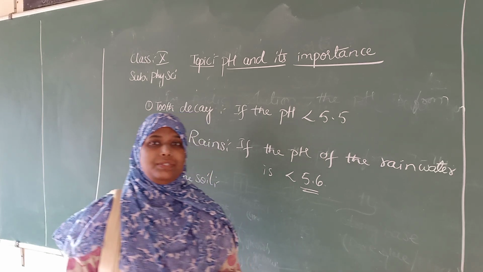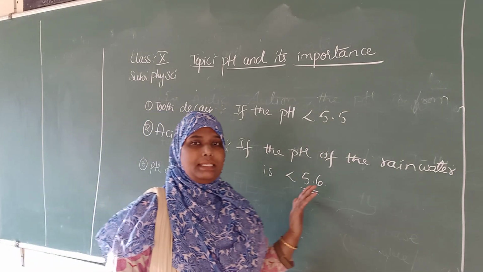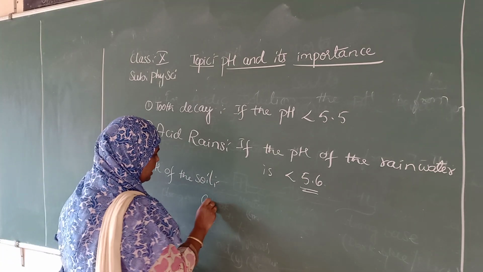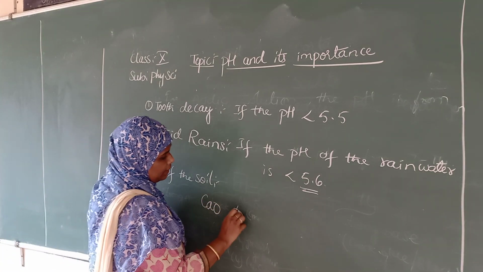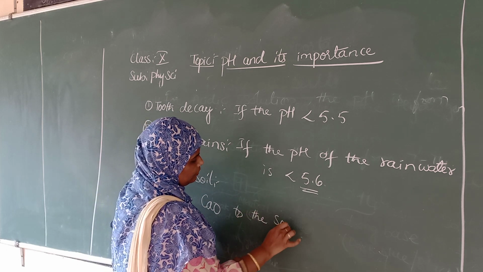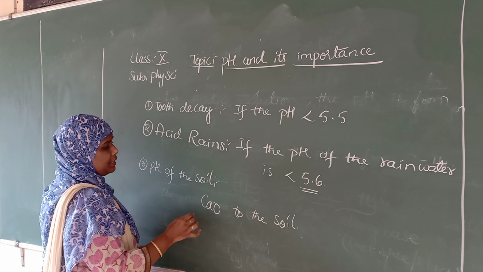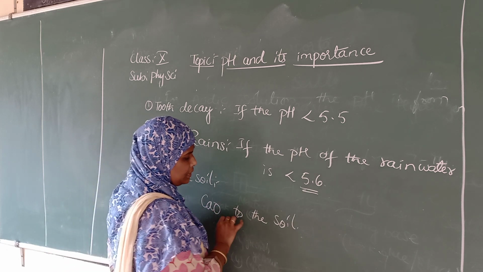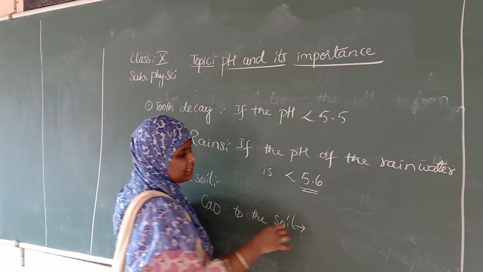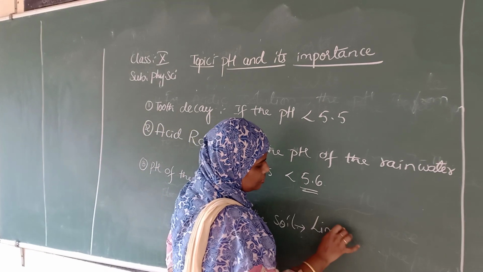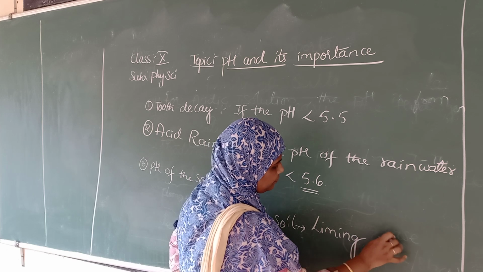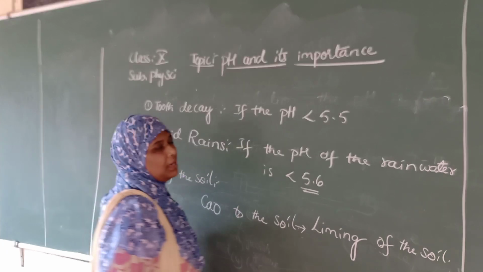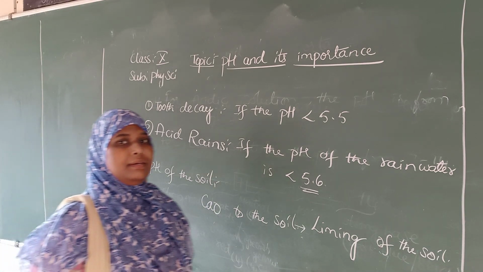Therefore, to treat this acidic soil, farmers generally add calcium oxide, that is quicklime, to the soil. This adding of calcium oxide to the soil is called liming of the soil, and it is done to neutralize the acids present in the soil.